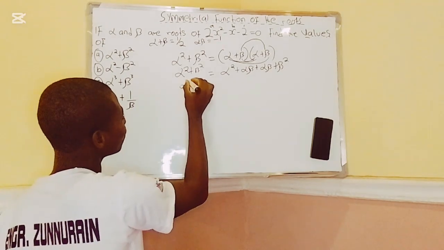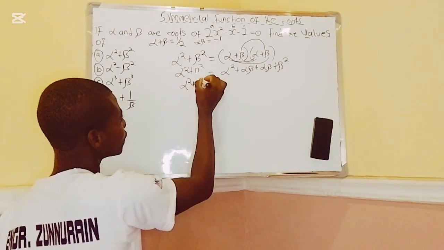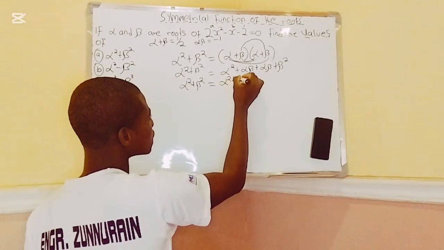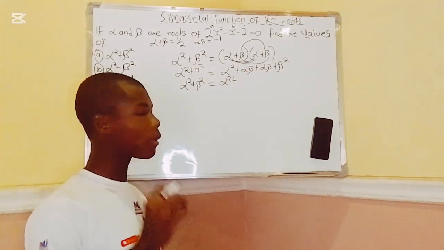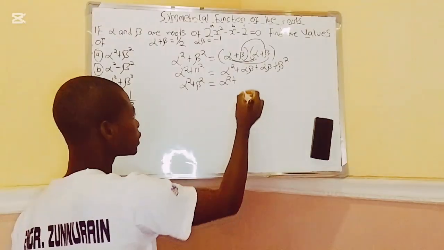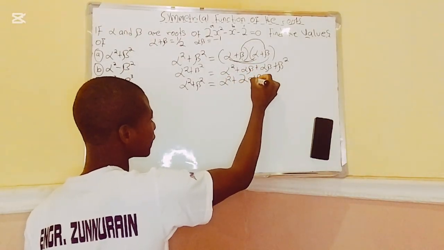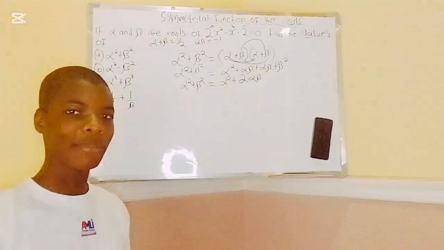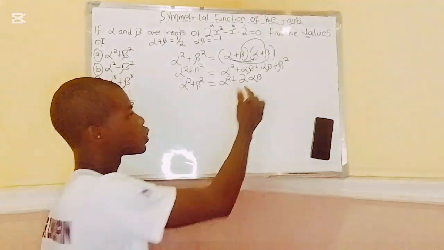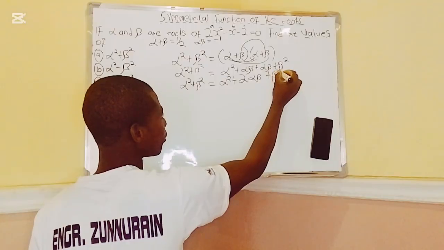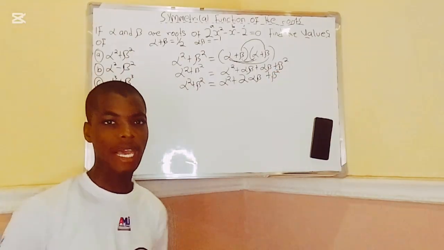So therefore, alpha squared plus beta squared will be equal to alpha squared plus alpha beta plus alpha beta, because it is positive, it is plus, which will be equal to plus 2 alpha beta, because the alpha beta are 2 and we are adding them. So therefore, plus beta squared.